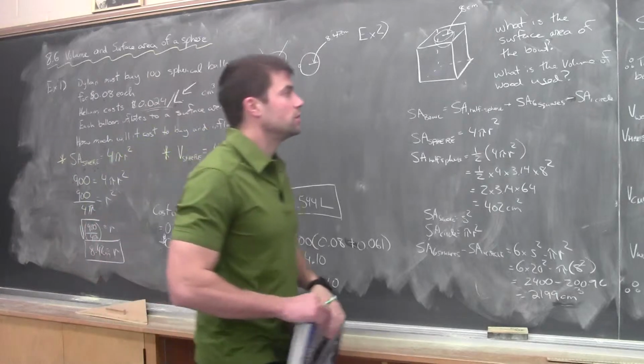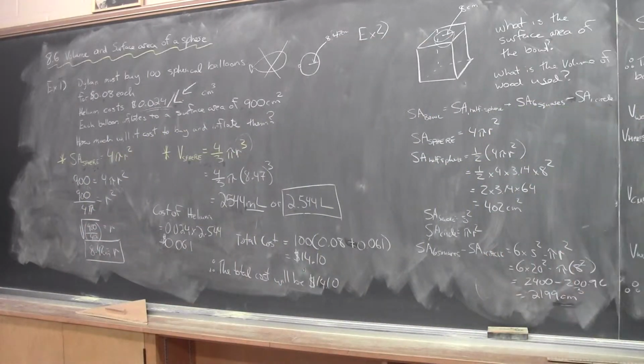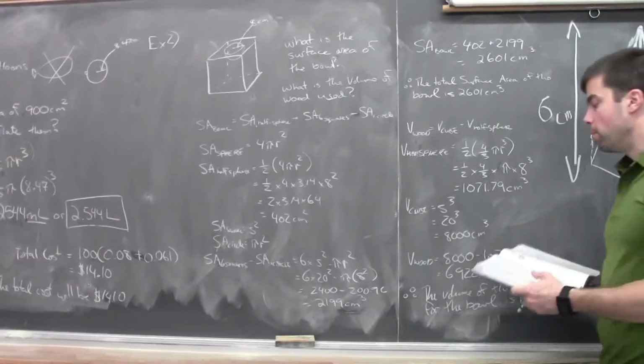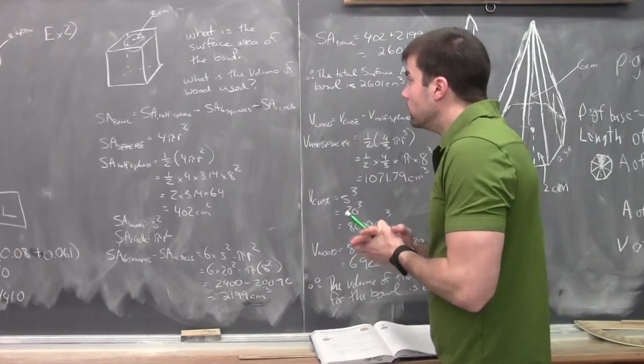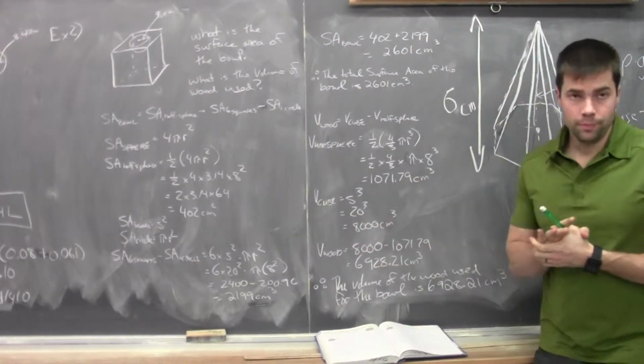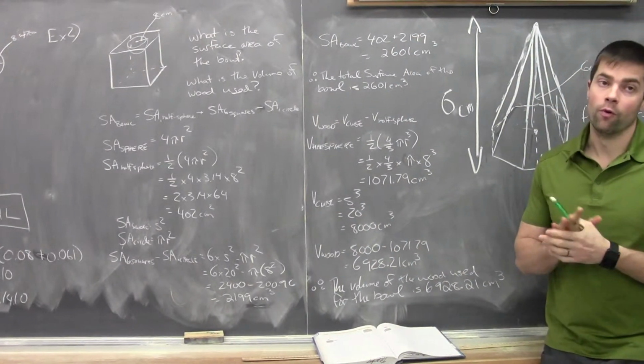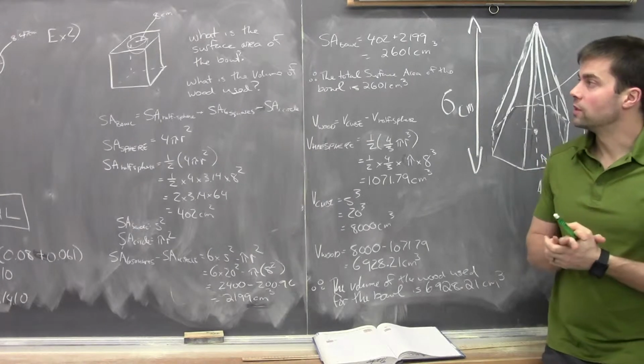All right, moving on. This one is a little trickier. This person wants to create a bowl in a shop class. The way they did it, and I don't know if this is the best way to create a bowl, but hey, this is the way this person decided to do it.